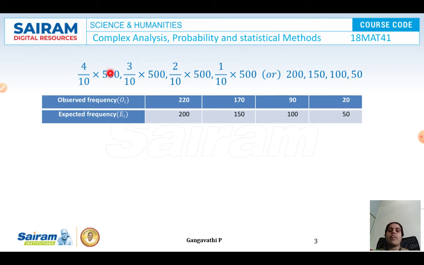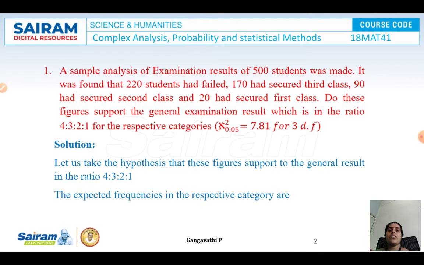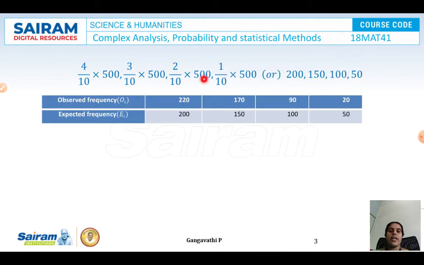There are 500 students which has been taken, and 4 out of 10 is one frequency. 3 is another ratio term: 3 by 10 into 500, 2 by 10 into 500, 1 by 10 into 500. When we simplify this, we get 200, 150, 100 and 50. So they are the expected frequencies.